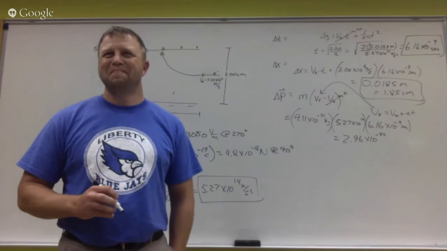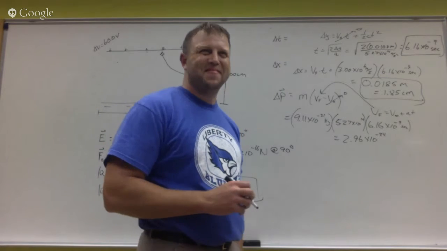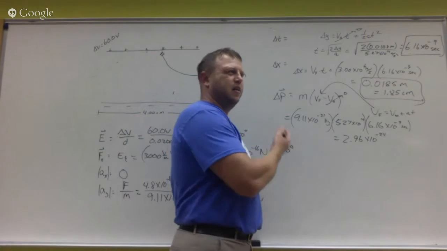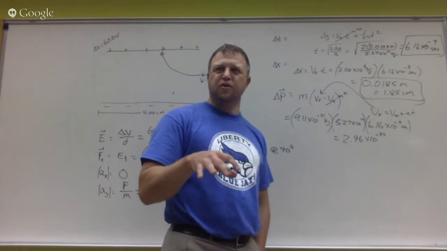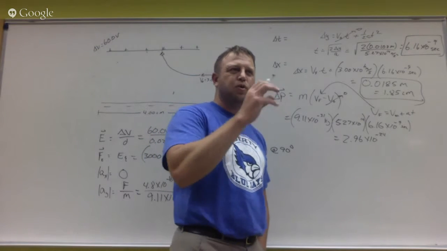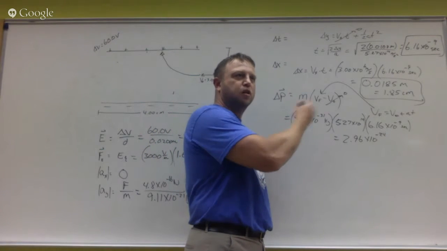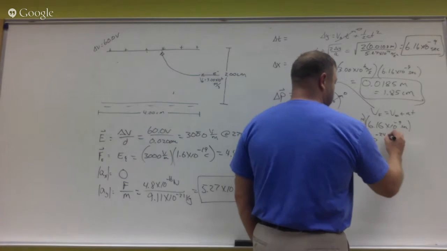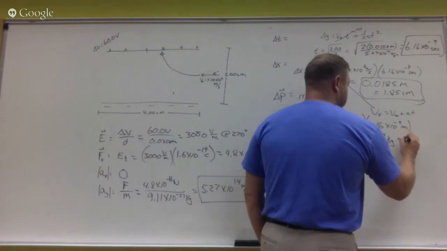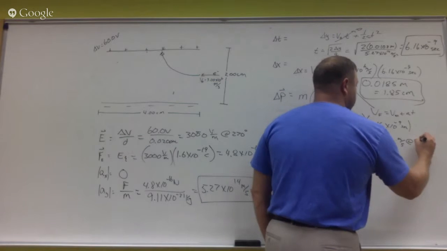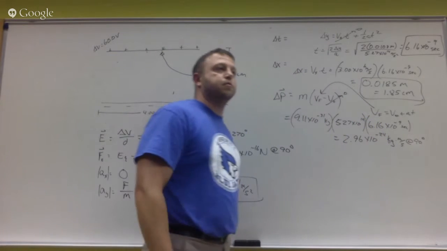Unit for momentum. There's no set units to this. Remember, it's not like a joule or a newton. It's basically what you have. It's a kilogram meter per second. Okay. Kilogram meter per second at 90 degrees vector.